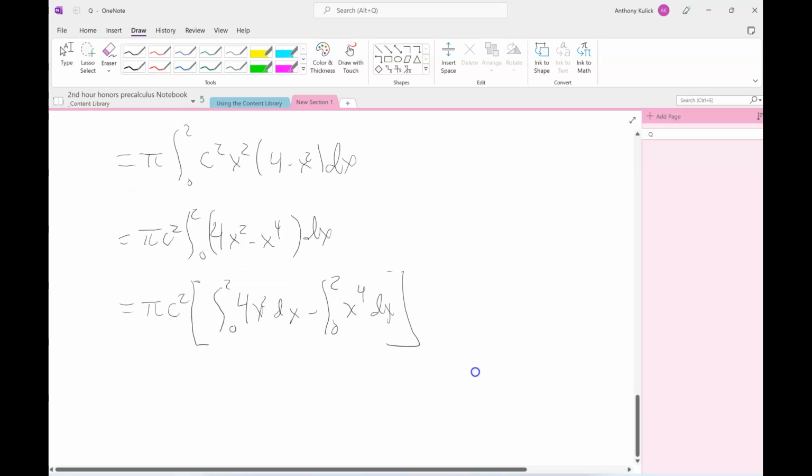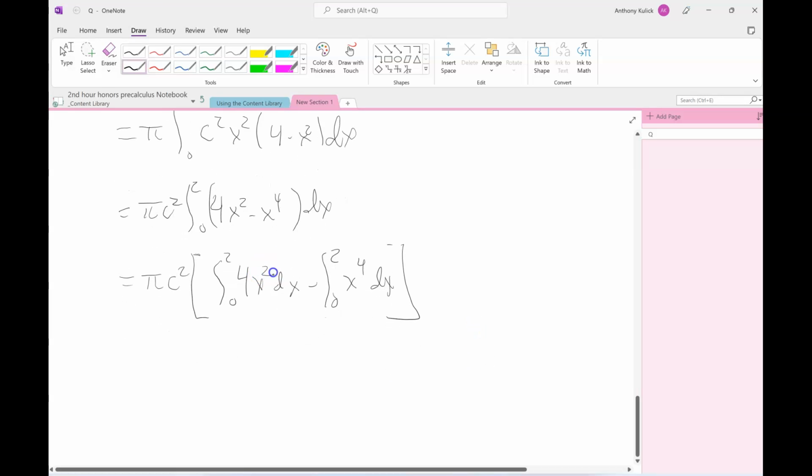And that's nice because both of those are super easy integrals. So that's going to be x cubed over 3. I'll just put the 4 there. Minus x to the 5th over 5. And evaluating from 0 to 2.